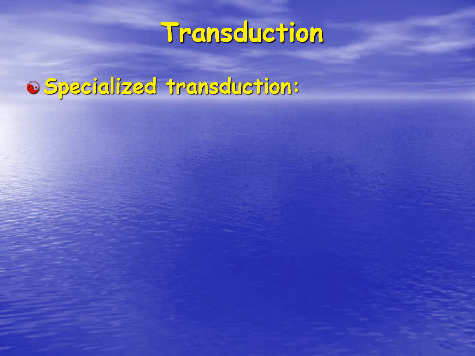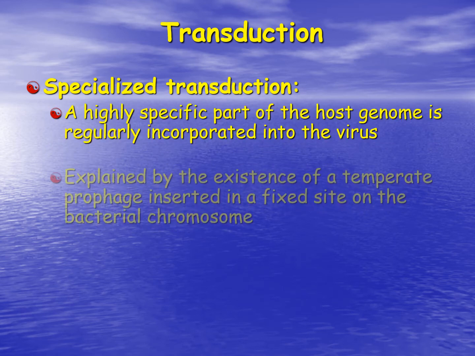Specialized transduction is when a more highly specific part of the host genome is regularly incorporated into the virus genome. Really, in specialized transduction, as the virus is being assembled, we get a little piece of bacterial DNA and some of the viral DNA as well.